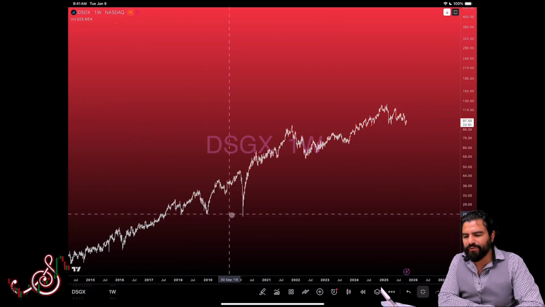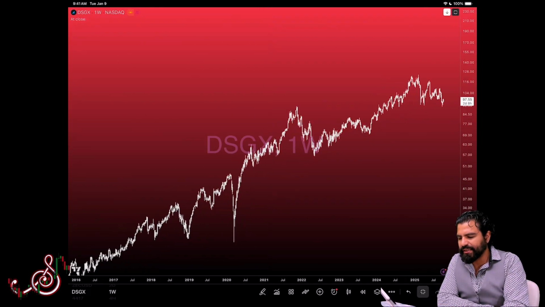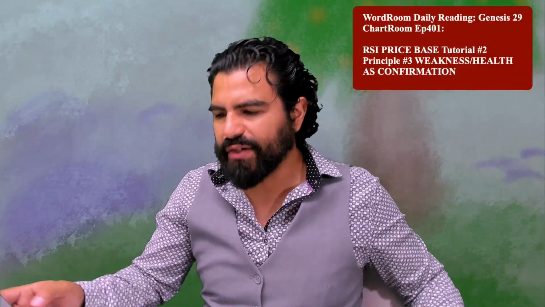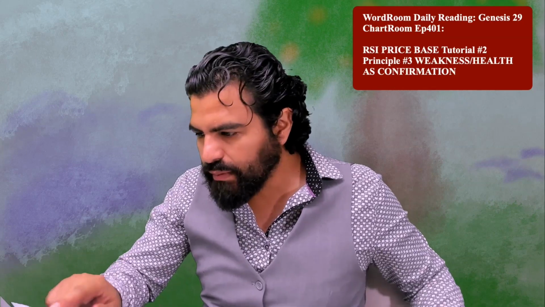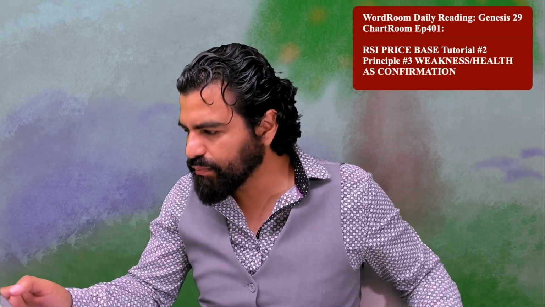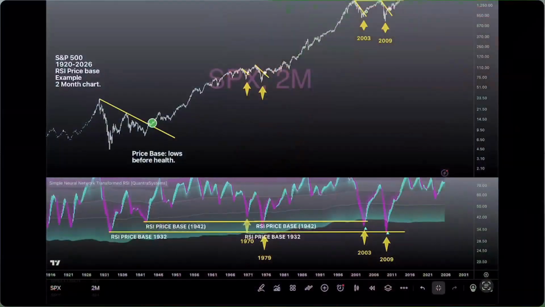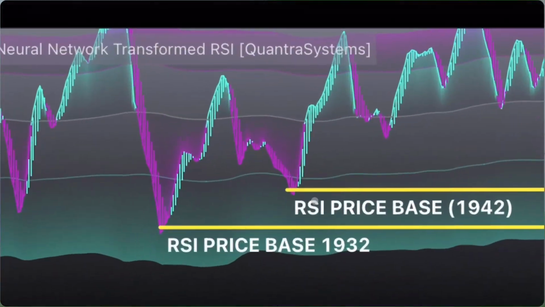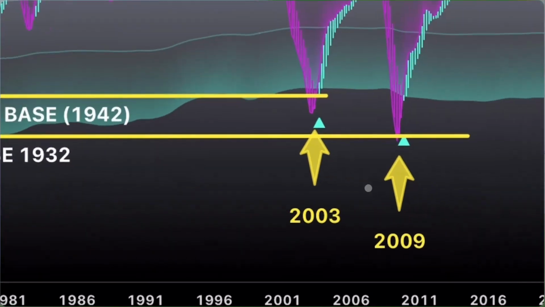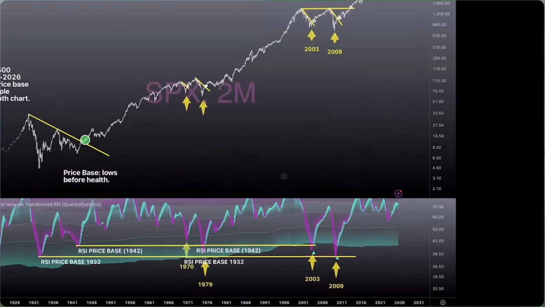In an uptrend, we can really use those bottoms to tell us, just like I did in our previous example, we can use the S&P 500 to let us know, using RSI price base, where the bottoms are coming in. Again, we got bottoms correlating from 1932, triggering in 1970, 1979, 2003, and 2009.